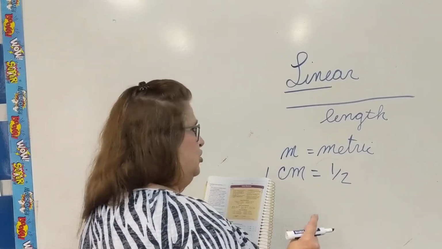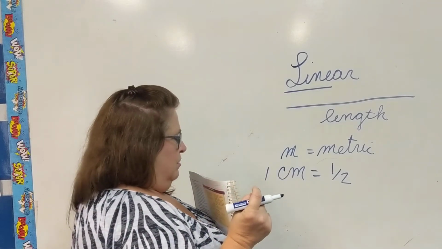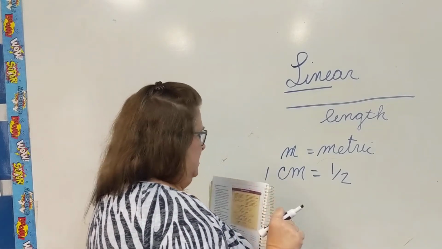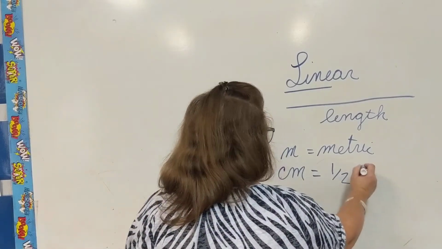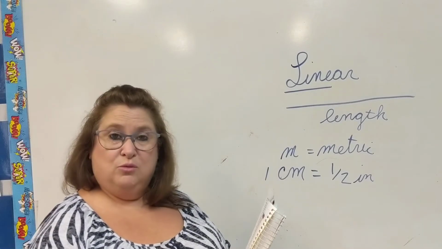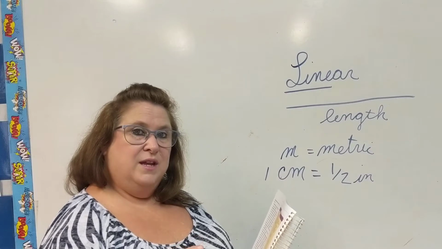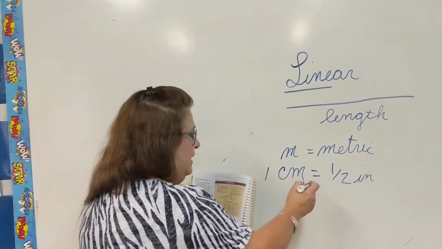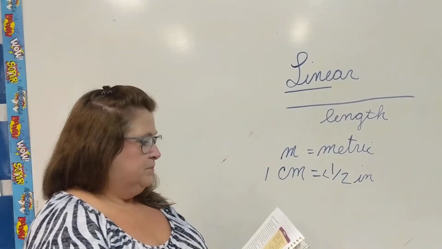So if you look at your finger, a centimeter is about the breadth of your finger. So it's less than half an inch. So think about an inch on your ruler. You can even get your rulers out. Pause the video if you want and get your rulers out. So look at your inch on your ruler and go to half an inch, and a centimeter is going to be a little bit less than half of an inch.